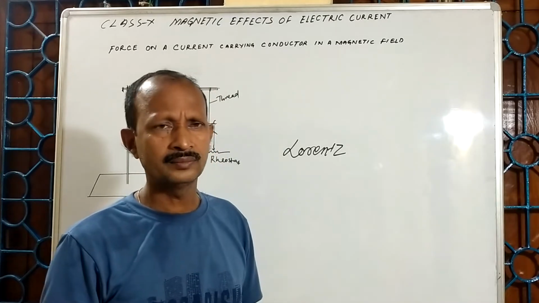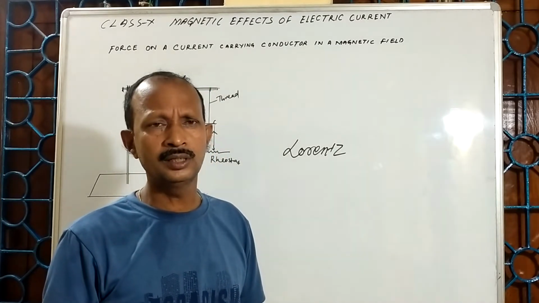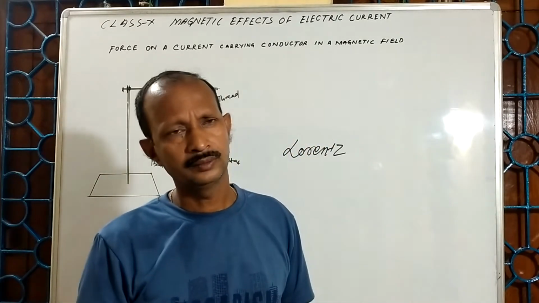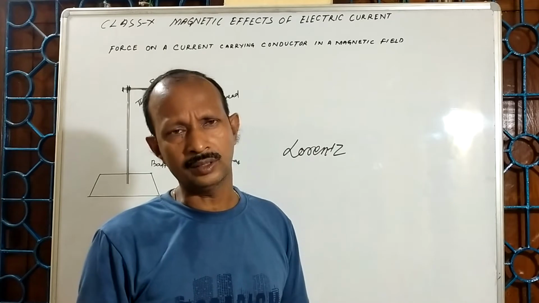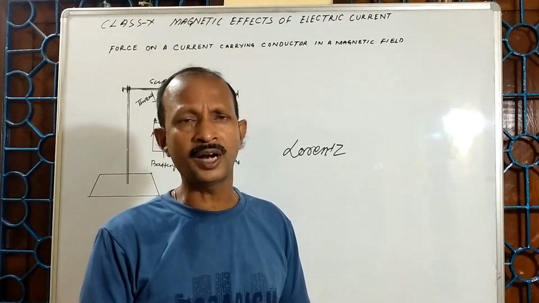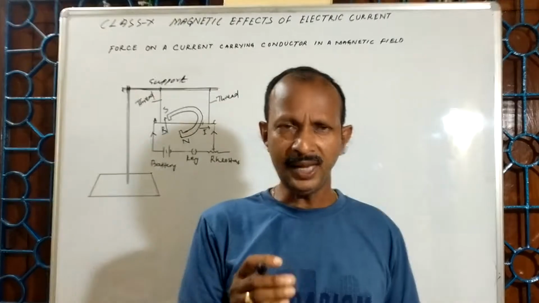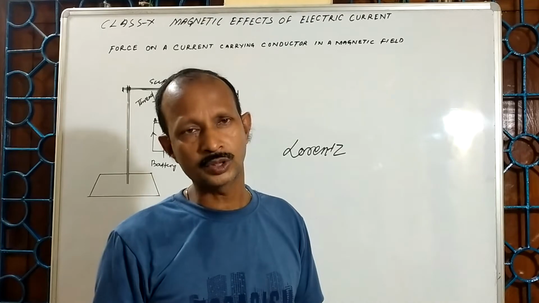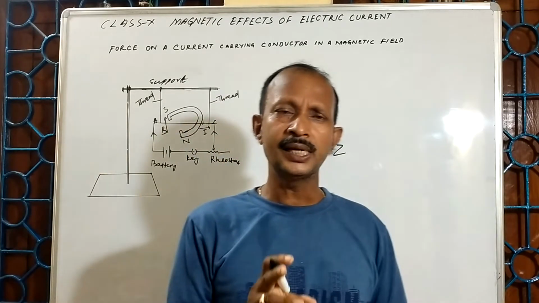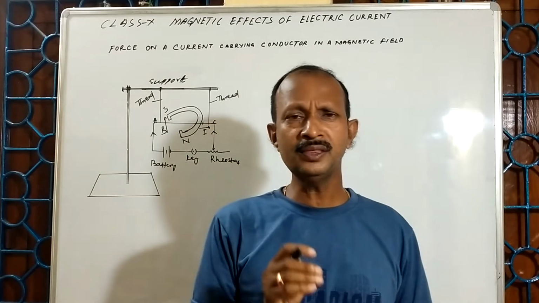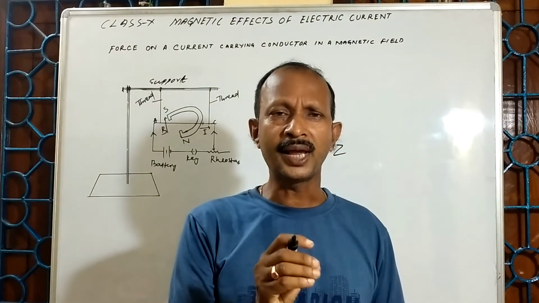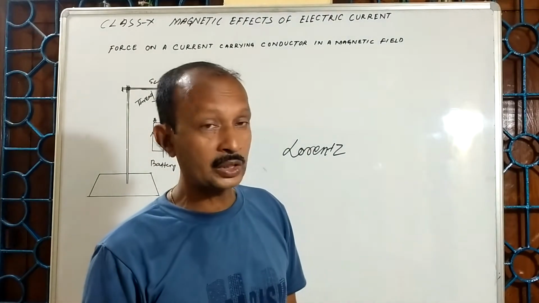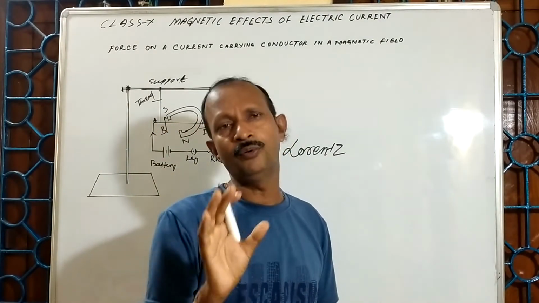Current is nothing but the flow of charged particles. So a current carrying conductor, through which charged particles are in motion, when placed in a magnetic field, experiences a force, but it must be placed in a direction other than the direction of the magnetic field. Then the current carrying conductor experiences a force.